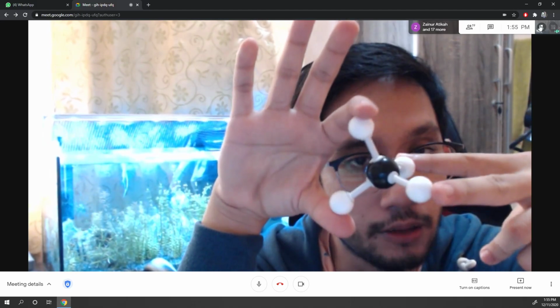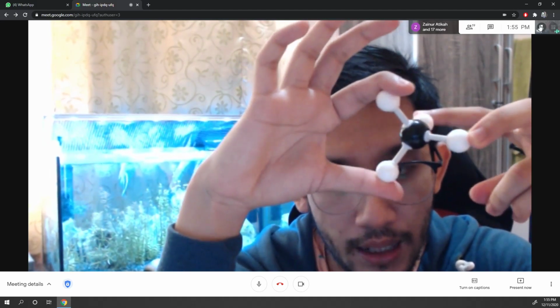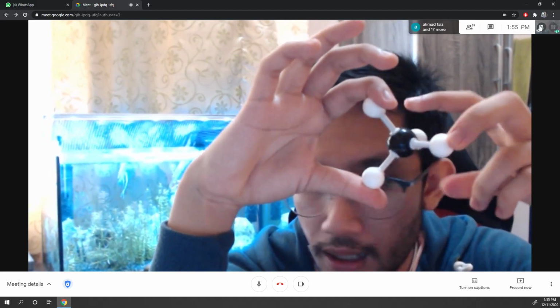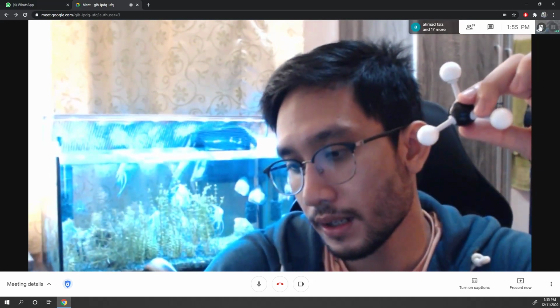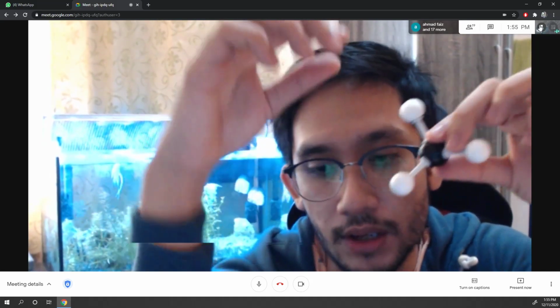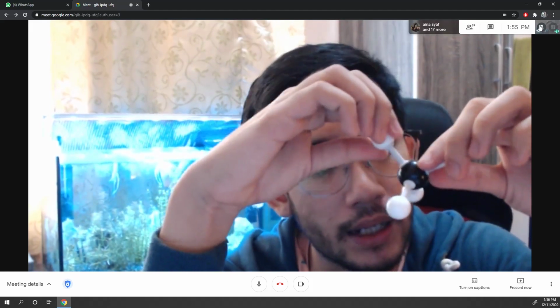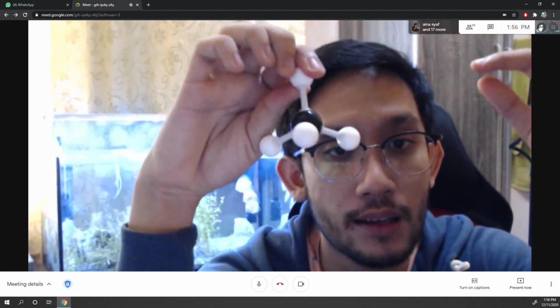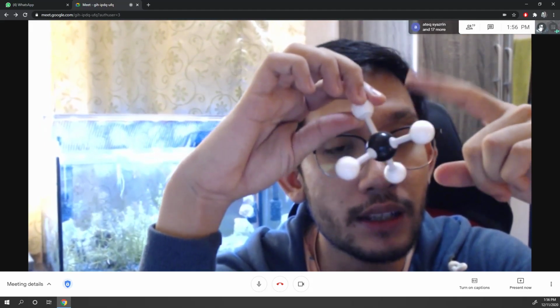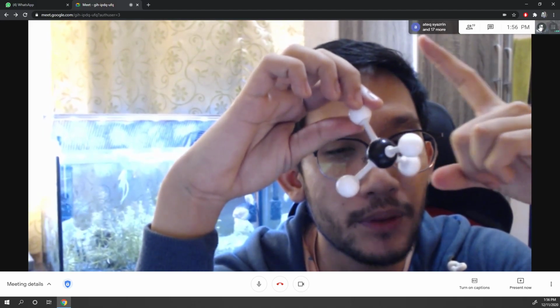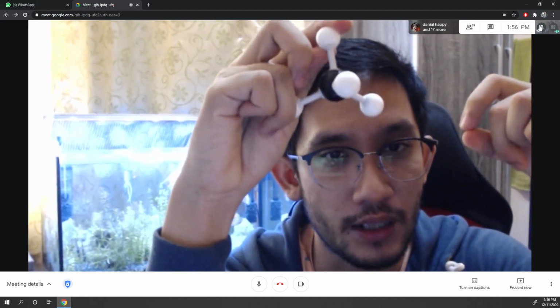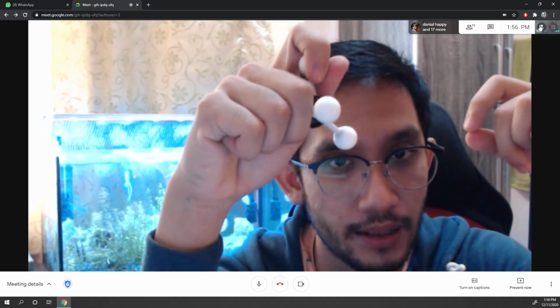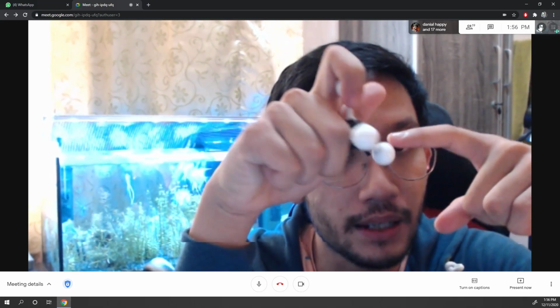Lagi dua is chlorine. And we know that hydrogen and carbon tak banyak beza pun electronegativity diorang. Hydrogen is 2.2 while carbon is 2.5. So diorang tak ada polarity langsung between the hydrogen dengan carbon. The only difference is carbon dengan chlorine.